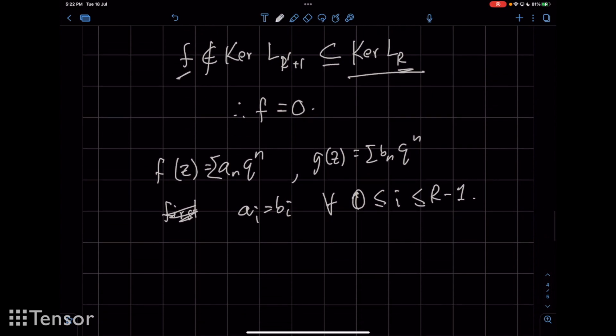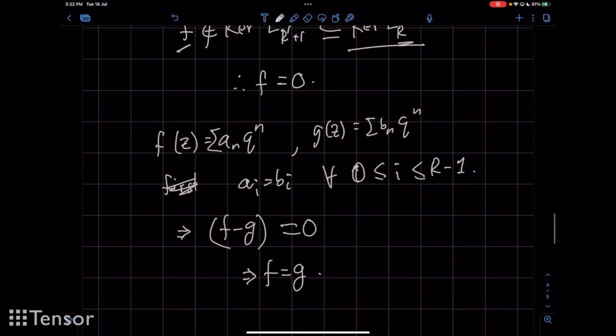Then f minus g, this modular form, has its first r coefficients 0. Therefore f minus g is 0, so f is equal to g. So if the first r coefficients are equal, then the two modular forms have to be equal.